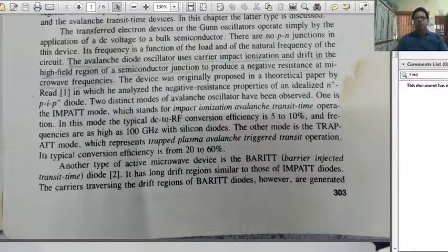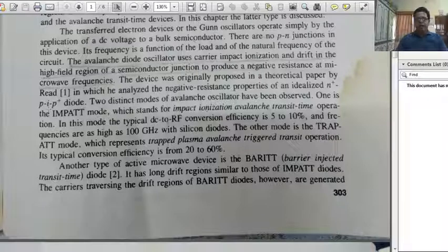Two distinct modes are possible for the avalanche oscillator, which we observed in the N plus P I P plus diode. One is the IMPATT mode. What does IMPATT stand for? IMP for impact ionization, A for avalanche, and TT for transit time: impact ionization avalanche transit time operation.